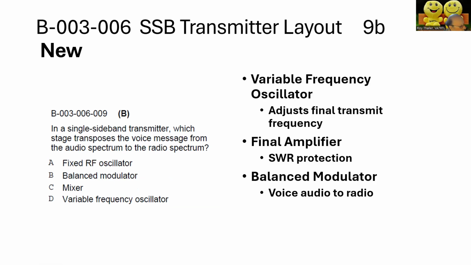Another new question. In a single sideband transmitter, which stage transposes the voice message from an audio spectrum to a radio spectrum? In this case, you're looking at some sort of modulator. The correct answer is B, balanced modulator.